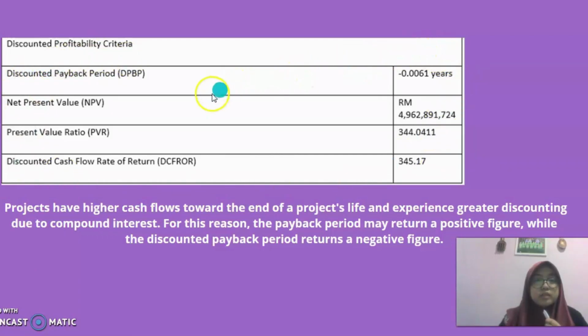Next is the discounted profitability criteria, and this is the result that we have calculated. The first one is the DPBP, which is negative 0.0061 years. Next is NPV, which is 4,902,891,724 ringgit. The next one is PBR, which is 344.0411.